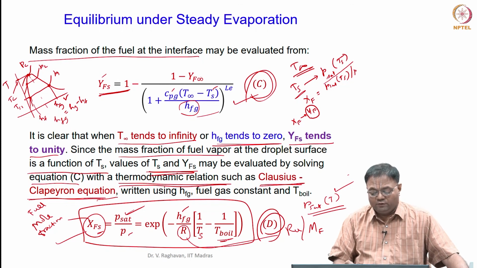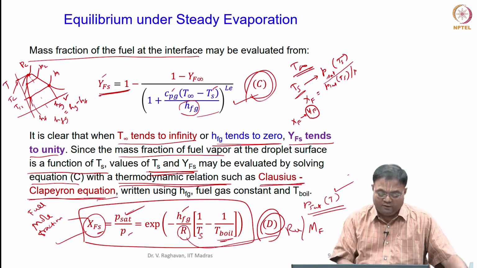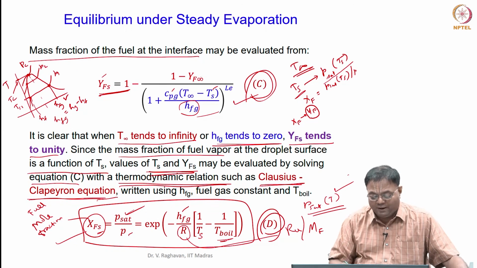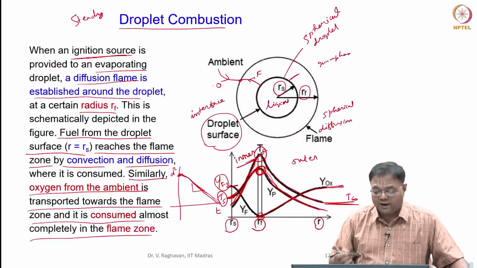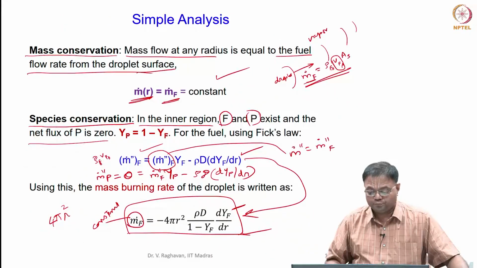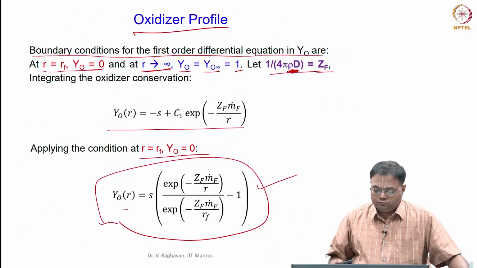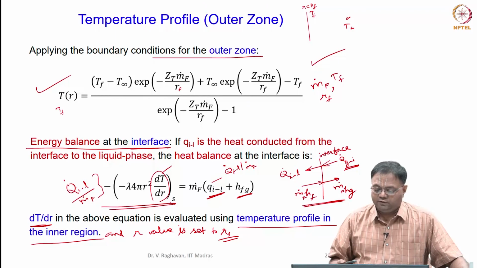You can see these are the variables which are known to us. If you substitute T surface, I get the XFS value, but the fuel properties like HFG and T boil have to be given as an input. So, now this equation itself can be written here.